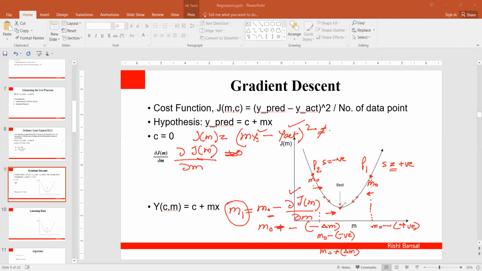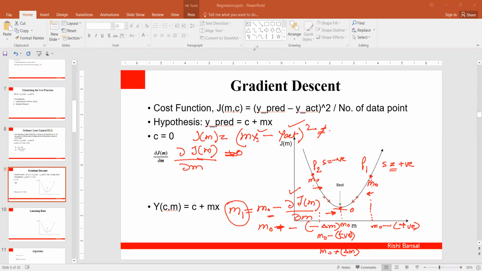Till you come to this point, where your slope will become 0. Then this term will become 0, and that will be your correct m naught value. Everyone agrees here? So this is what happens in gradient descent.